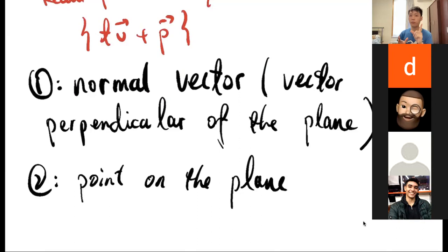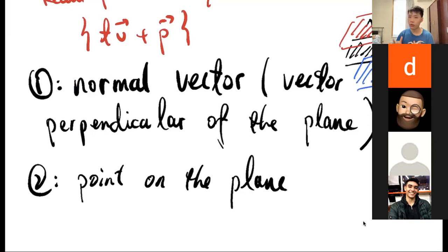because when you only have a normal vector, you have a plane, but this plane can move along the normal vector. Let's say this is your normal vector. When you only have a normal vector, this plane works. But if you move this plane along the normal vector, you get infinitely many planes.